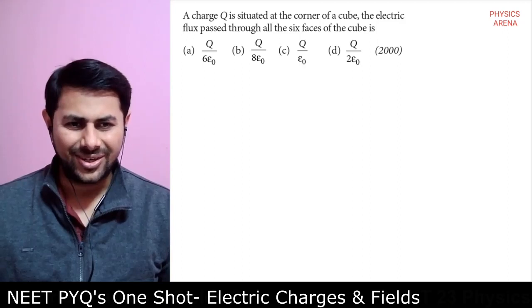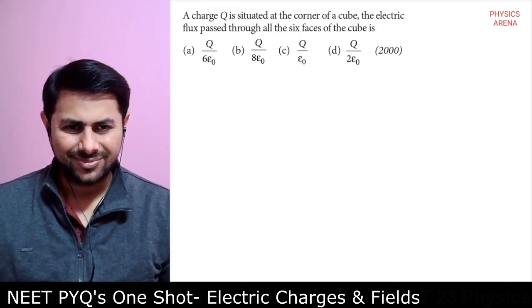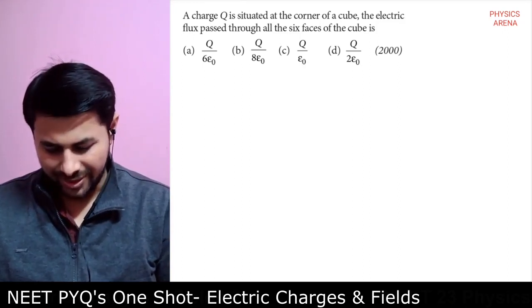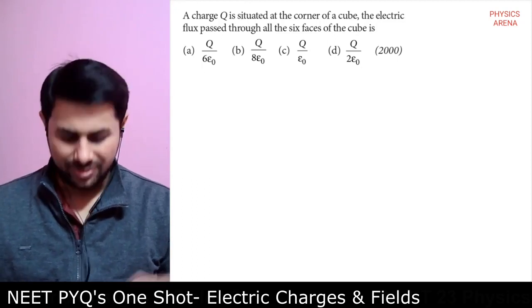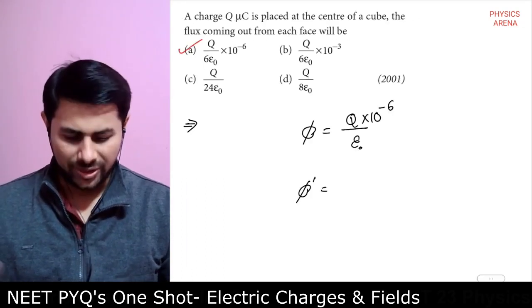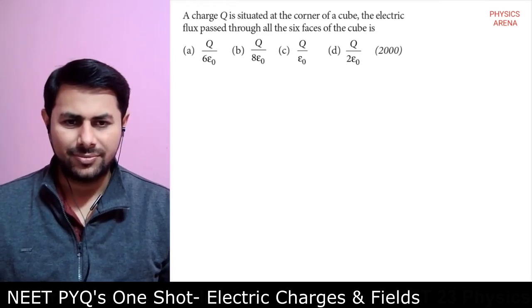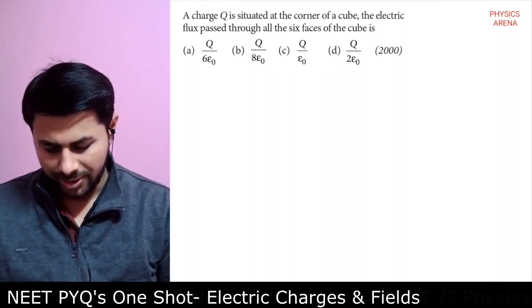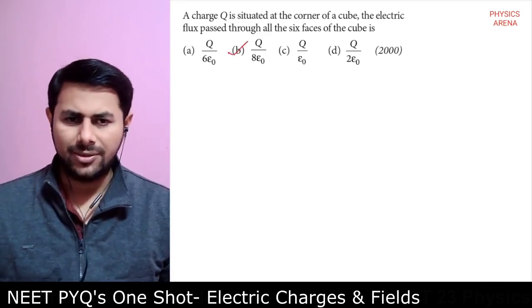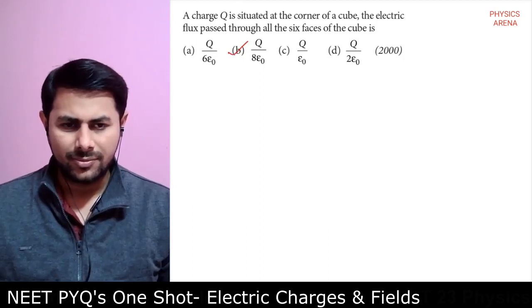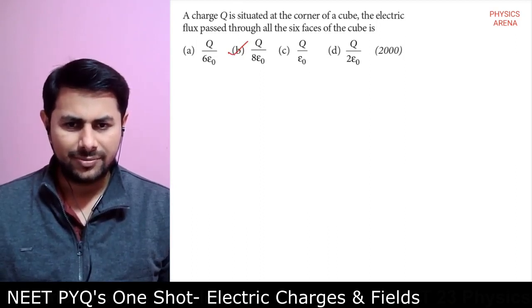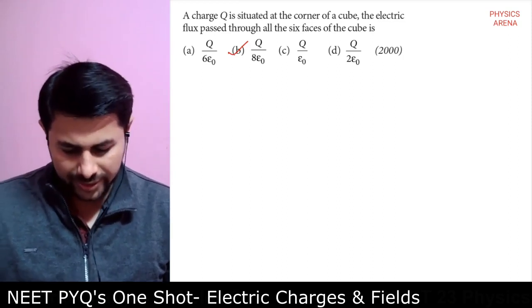Charge is at the corner. Okay. We saw the first question, which was actually exactly this question only. So option B. Shall I explain it? Let's see the next question.